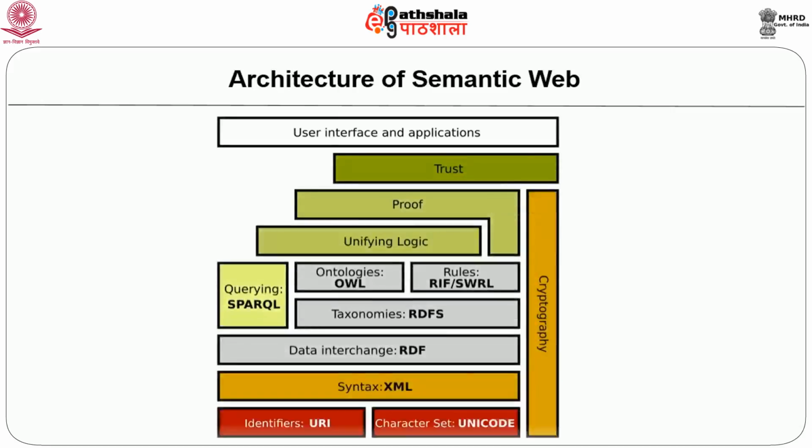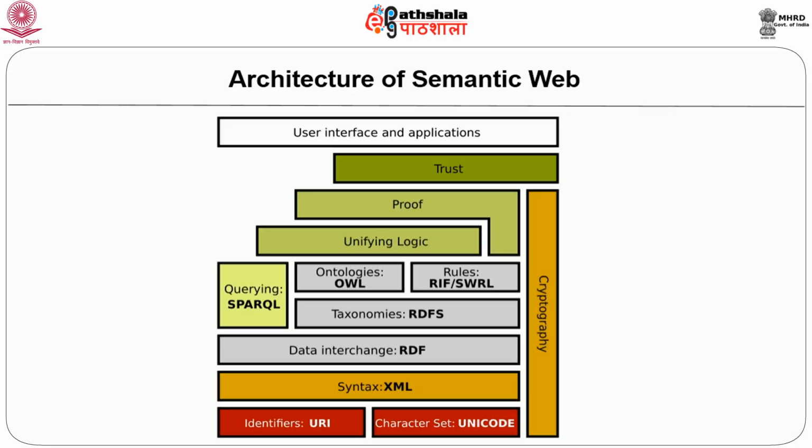Now looking at the architecture of the semantic web, the user may be directly interacting with the content, and between the user and this there are certain layers of architecture. One gives trust and proof, that is predefining the data or giving more meaningful data, then unifying the logic between this.